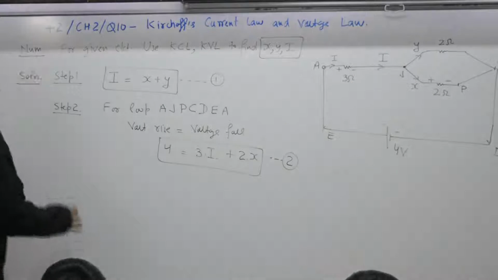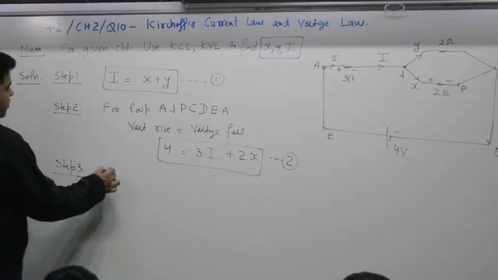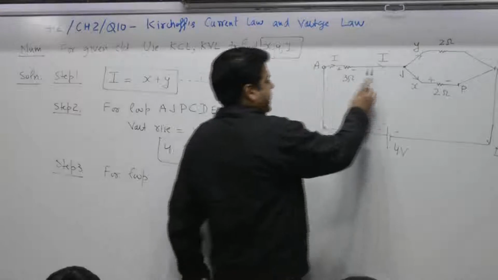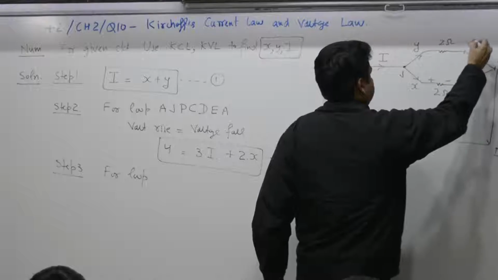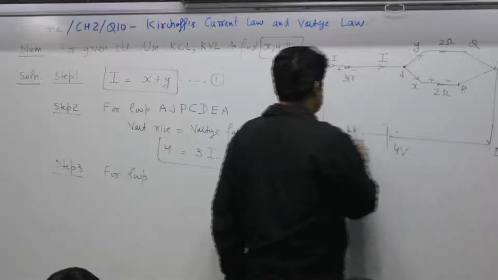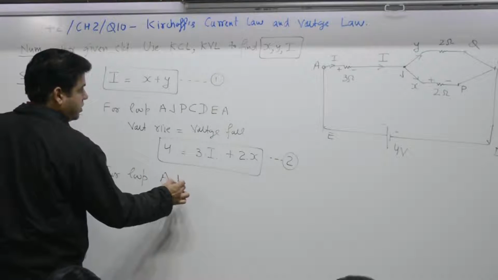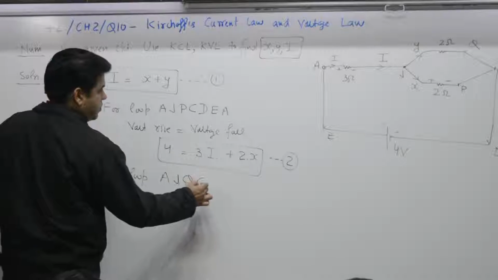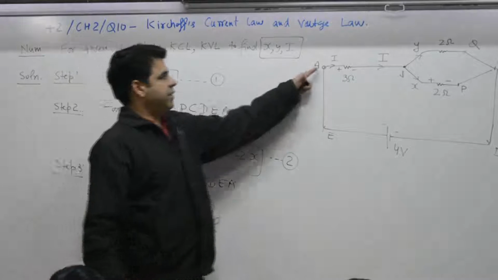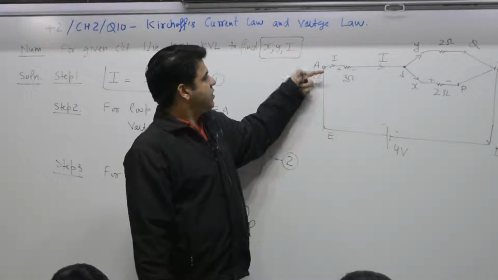Equation number 2. Step 3. For loop A, J, let me say this is Q, A, J, Q, C, D, E, A. Again you start from A. This is what?